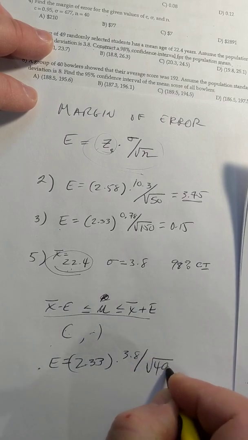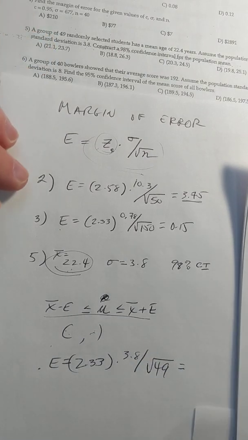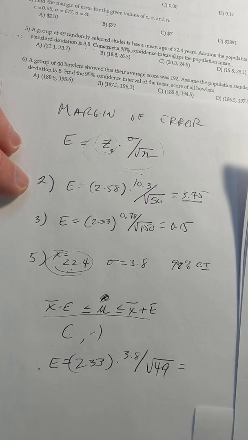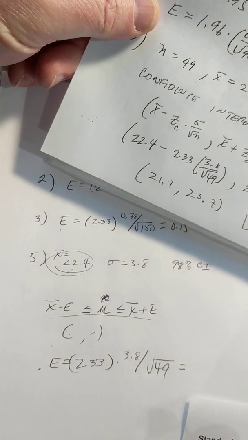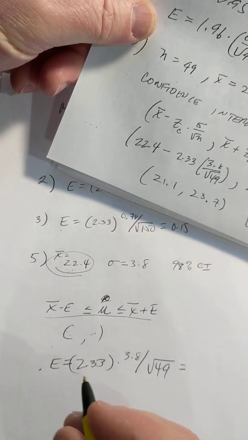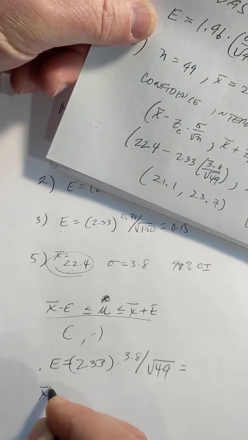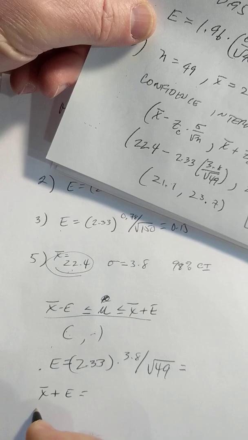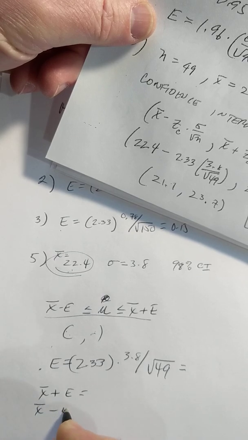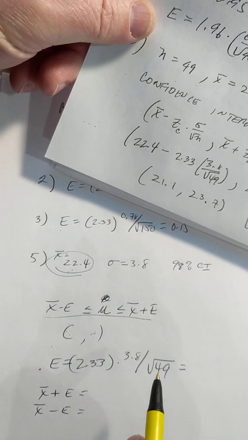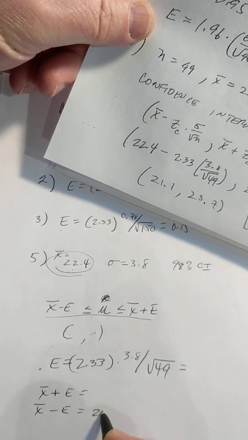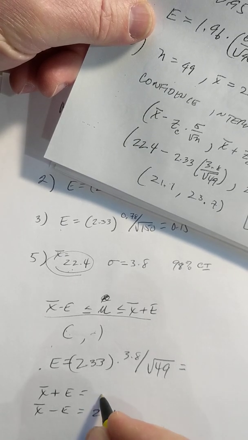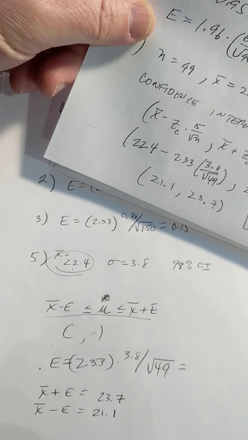I lost track of it there for a second. Let's see what we get. And then we're going to take the x bar plus that number and the x bar minus that number. And that gives us 21.1 on the low end and 23.7 on the high end.